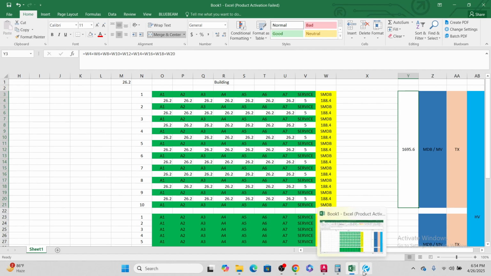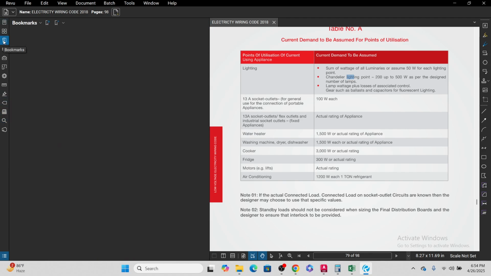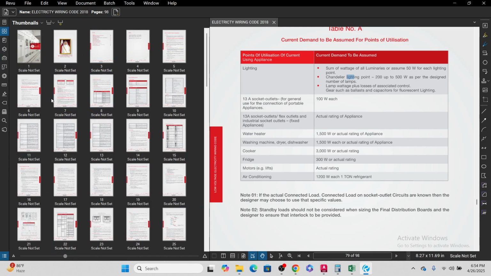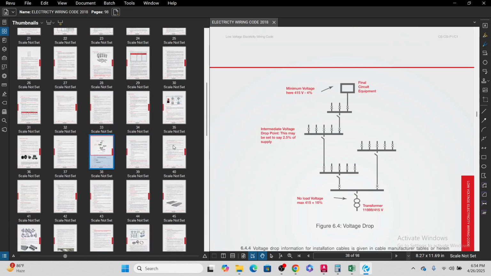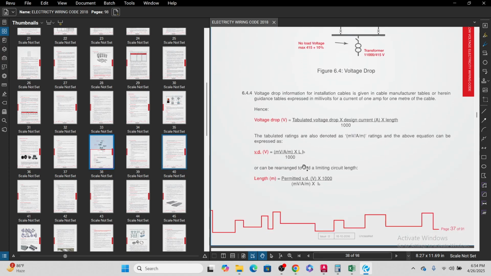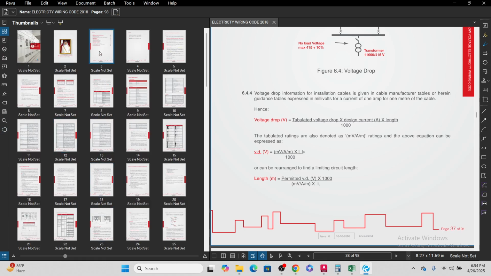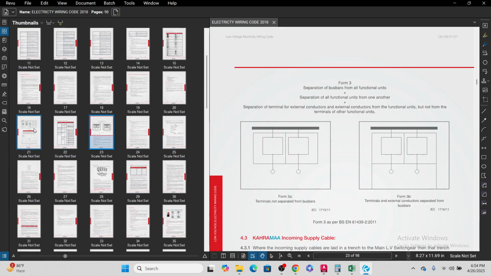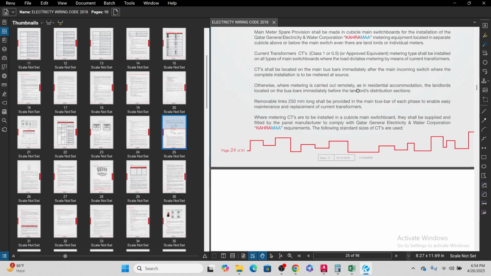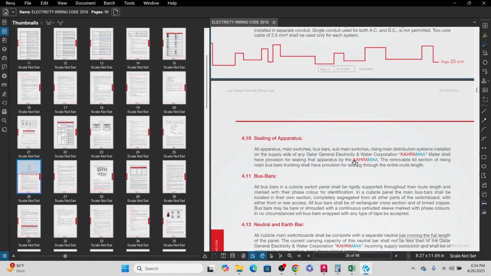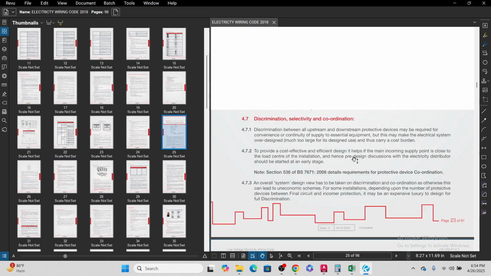How can we select it? Again, the Kahramaa regulation. If you go to this table, they have given all the formulas. So here you see the voltage drop. And let's go with, yeah, here. This is metering.